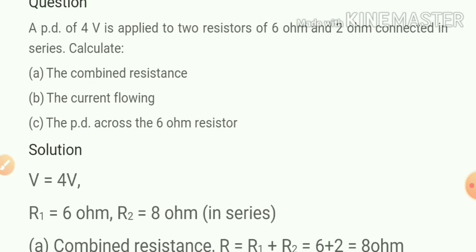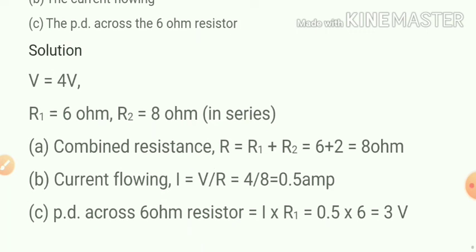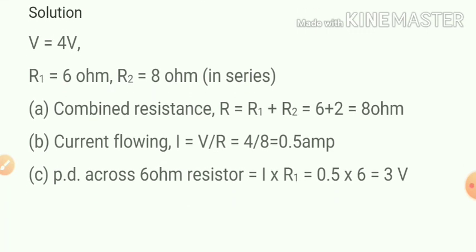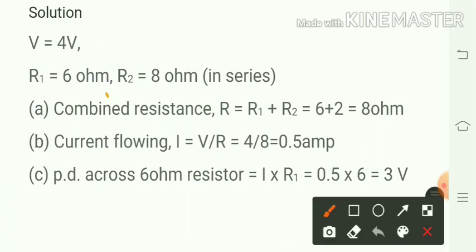If a potential difference of 4 volt is applied to two resistors of 6 ohm and 2 ohm connected in series, calculate the combined, that is equivalent, resistance, the current flowing through it and the PD across the 6 ohm resistor. According to the given values, V is 4 volt, R1 is 6 ohm, R2 is 2 ohm.